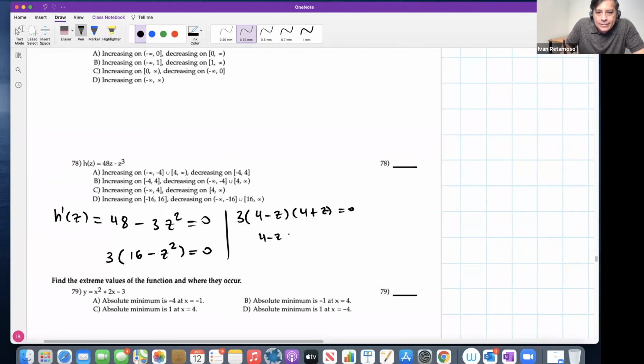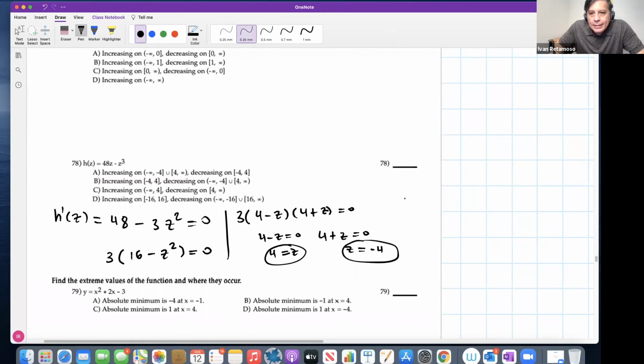Setting the factors containing the variable equal to 0, you get these two critical points, right? z equals 4, z equals -4. Now, those go on the number line, right? -4 should be here, 4 should be here, right?